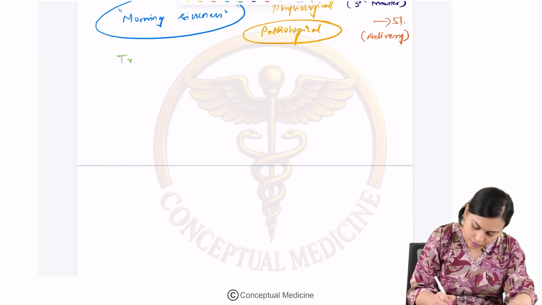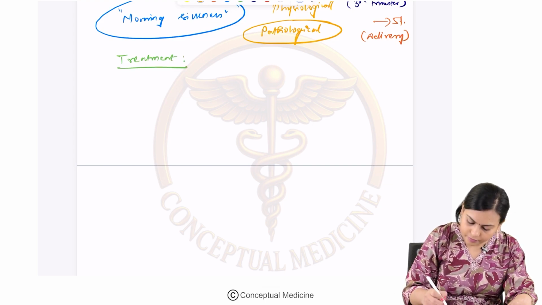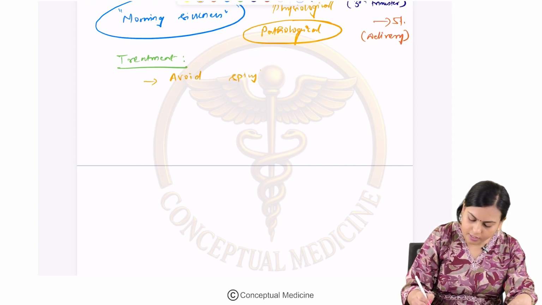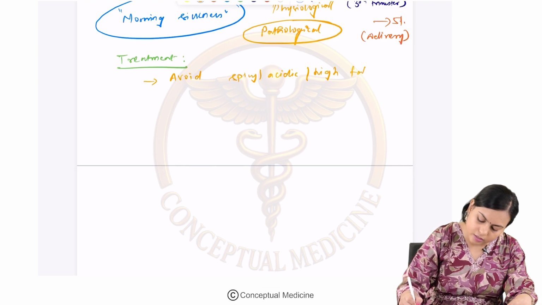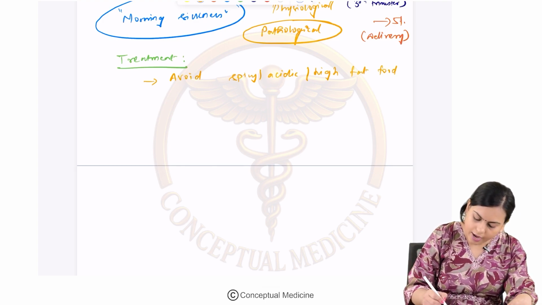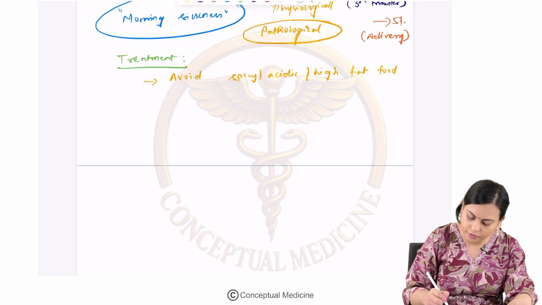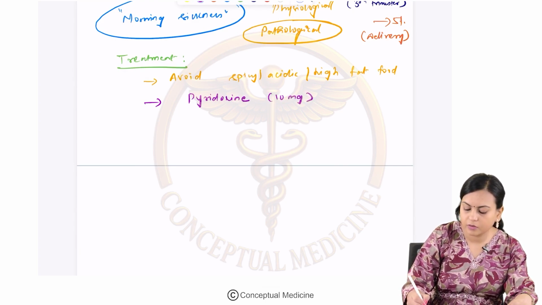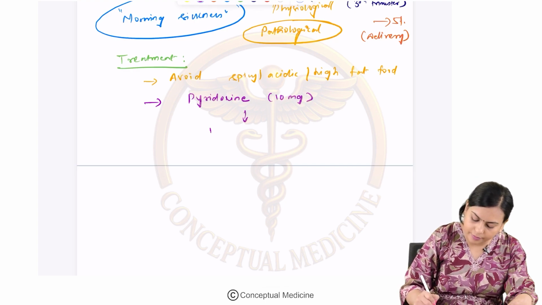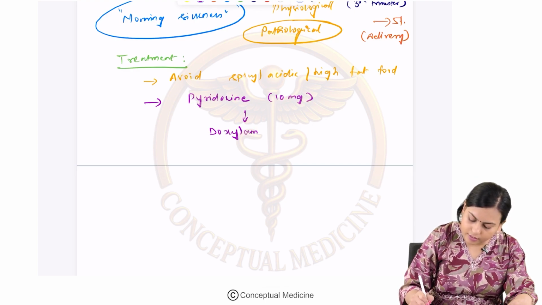Treatment: we have to ask them to avoid spicy, acidic or high fat food. As for medications, you can give pyridoxine 10 milligram, which can be supplemented with doxylamine. If it is not subsiding with pyridoxine alone, you can add doxylamine.